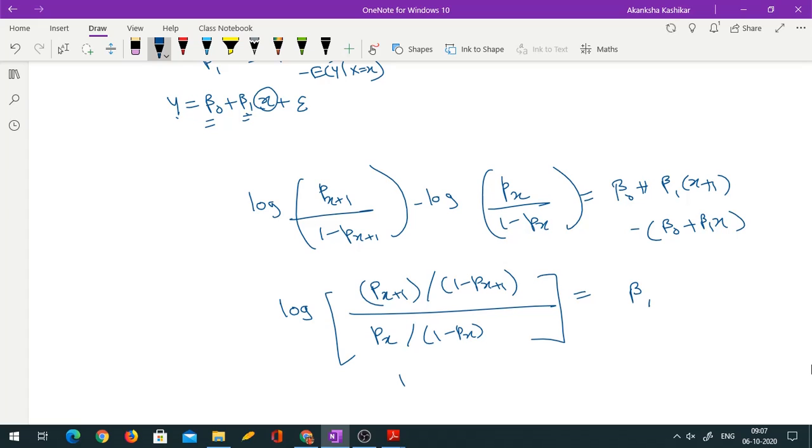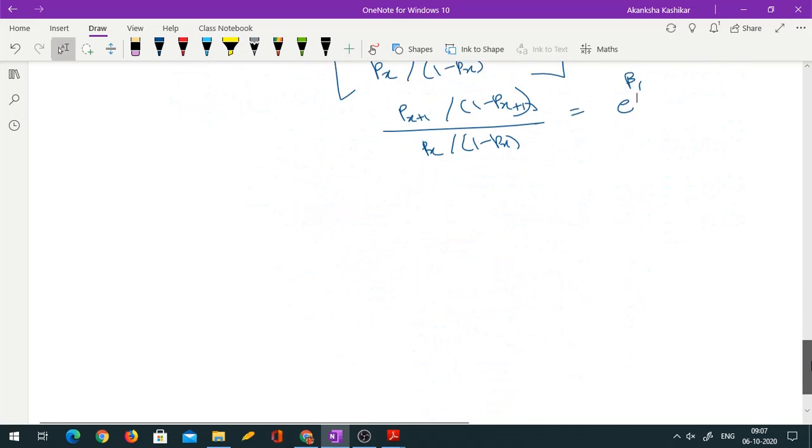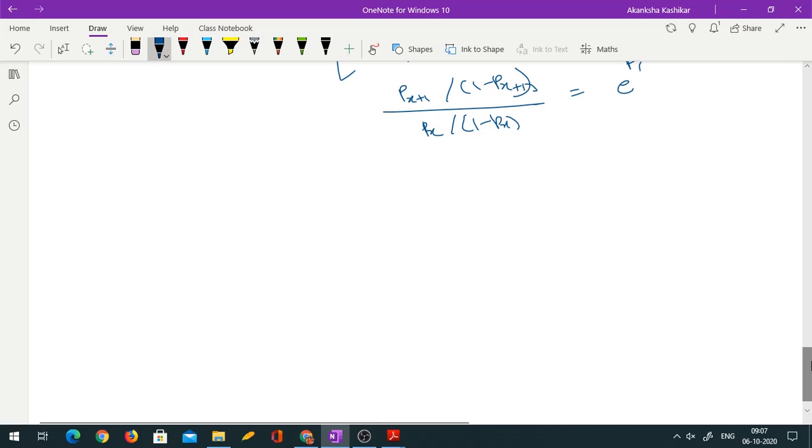So basically p(x plus 1) upon 1 minus p(x plus 1) divided by p(x) upon 1 minus p(x) will be e raised to beta 1. Okay, so the interpretation of beta 1 here is that beta 1 is actually the log of the odds ratio, the ratio of the odds for two consecutive values of x.